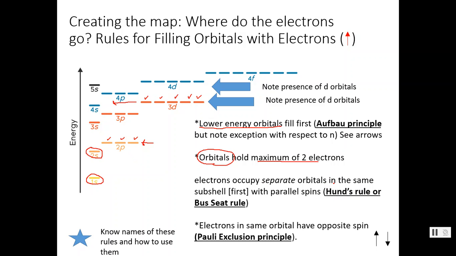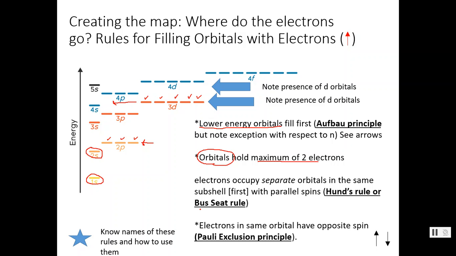So this is called Hund's rule, but I also like to call it the bus seat rule, because when you get on the bus, generally people like to have their own bus seat. They really don't want to sit next to someone they don't know. Same thing with electrons. An electron would rather occupy an orbital, a region of space, all by itself than share one.